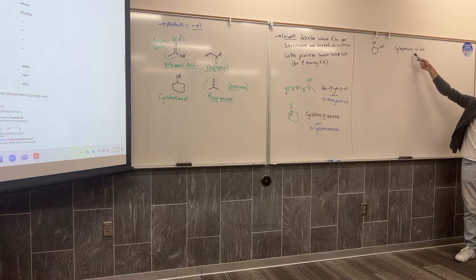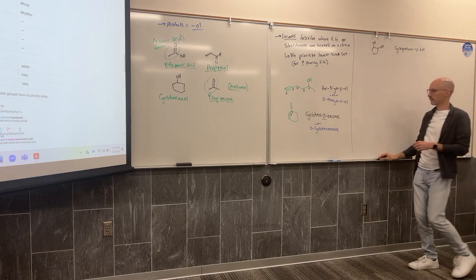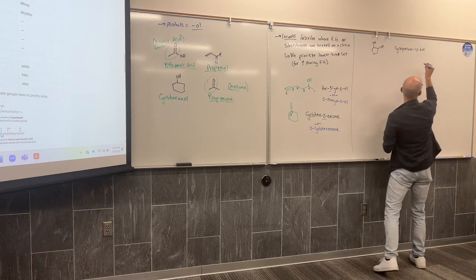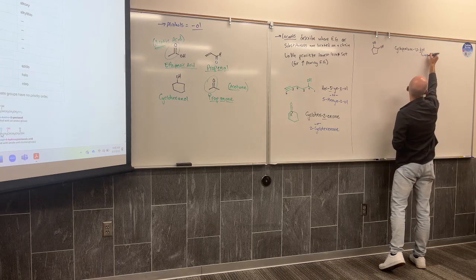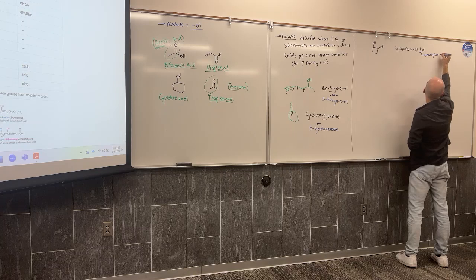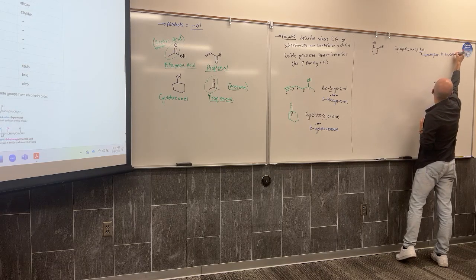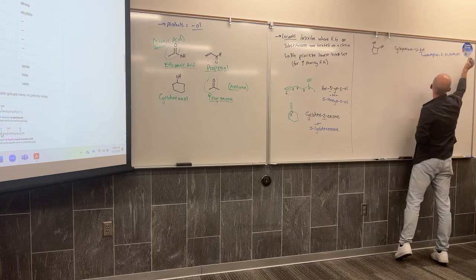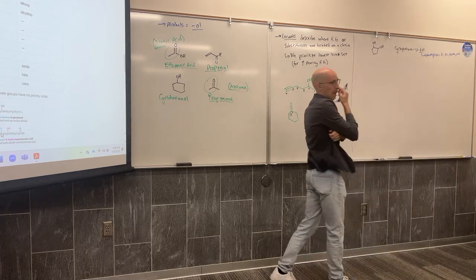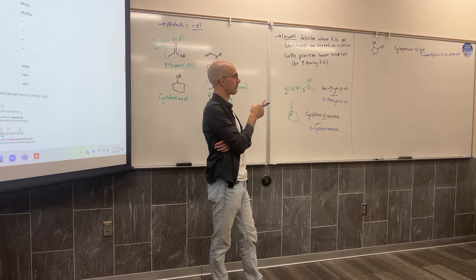They put the E back in. Cyclopentane-1,2-diol. So 2 things I want to point out. This is a multiplier. And we use di, tri, tetra, etc. I doubt that in our class we'll ever come across more than tetra.